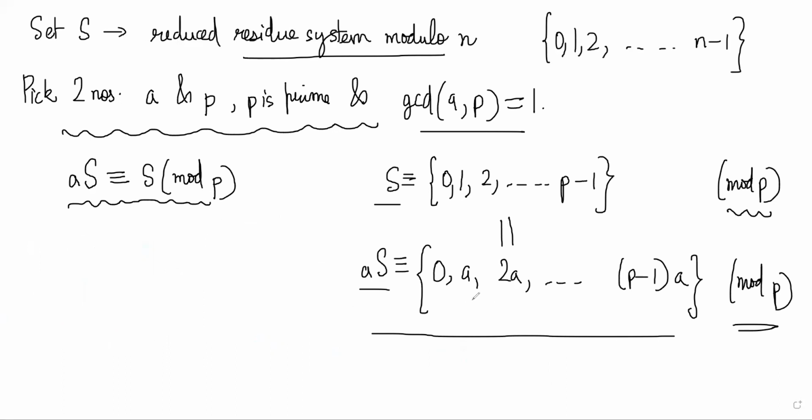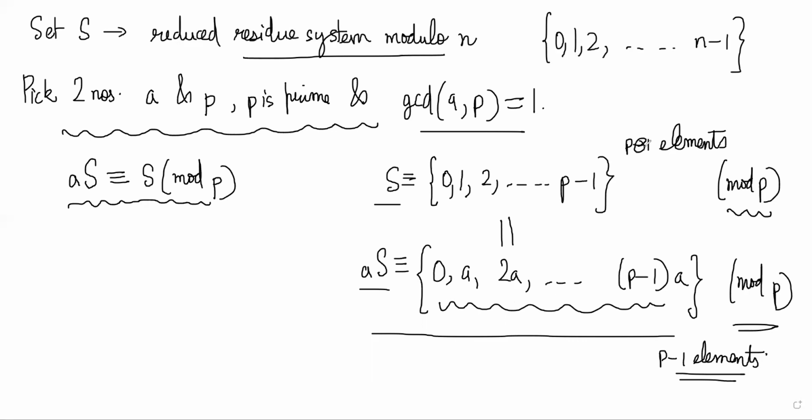Now we have to prove that these elements are also going to match once you do mod P. Here we had P minus 1 elements, and here also we had P minus 1 elements.